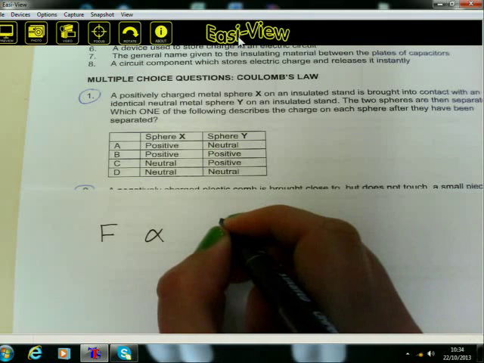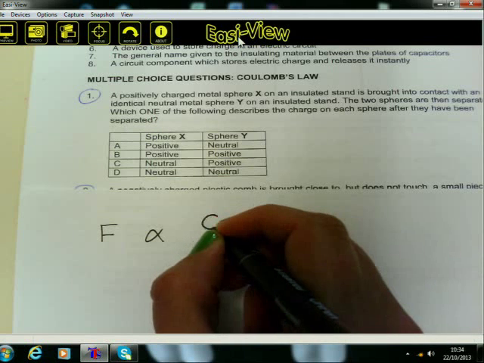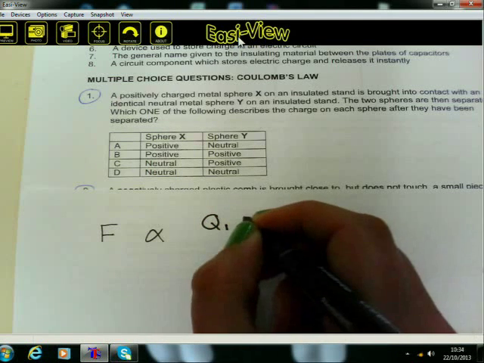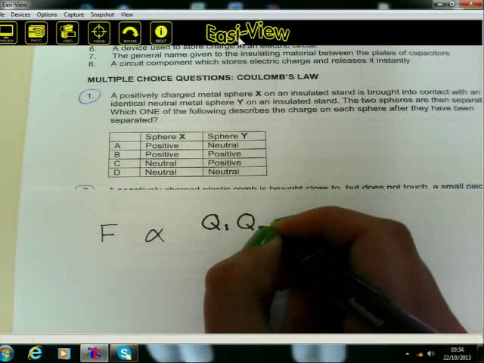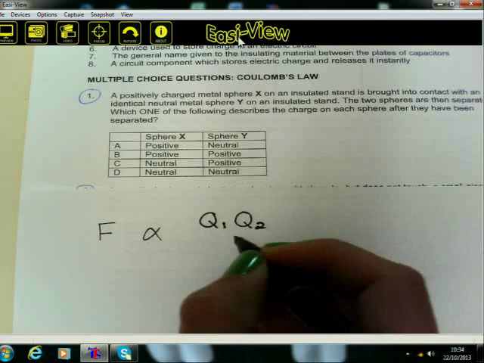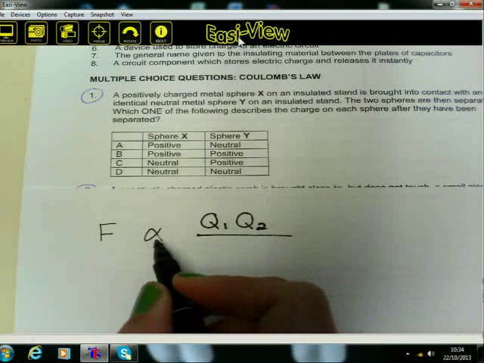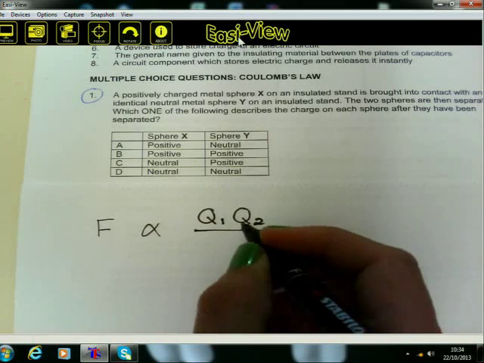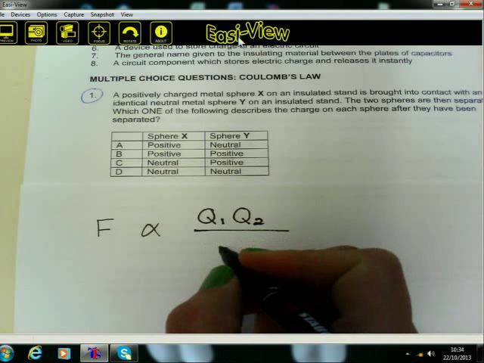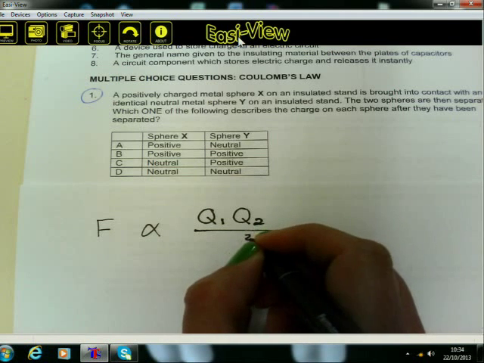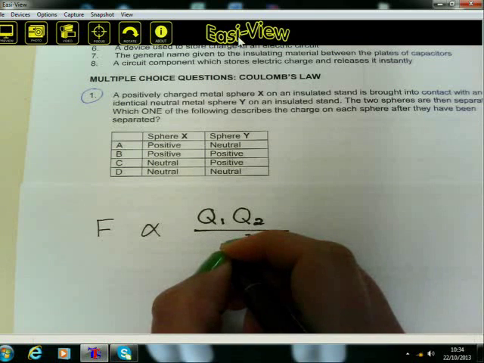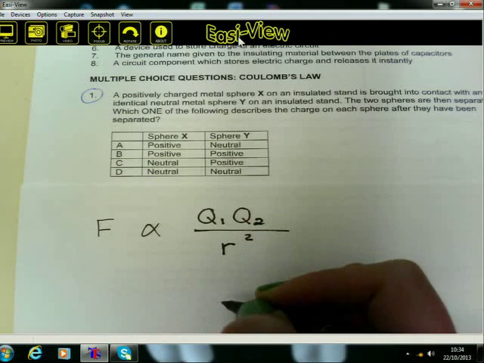The product means we're going to multiply them, the magnitude of charge 1 and the magnitude of charge 2, and inversely proportional, which means we're going to write it below the line, to the square of the distance r between them.